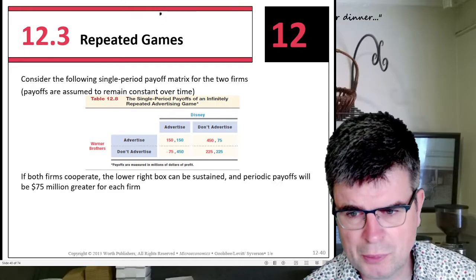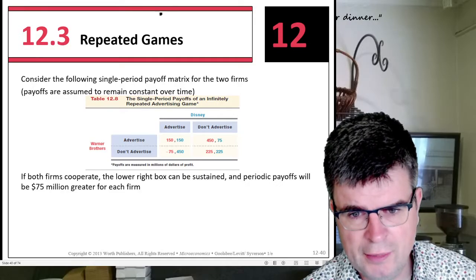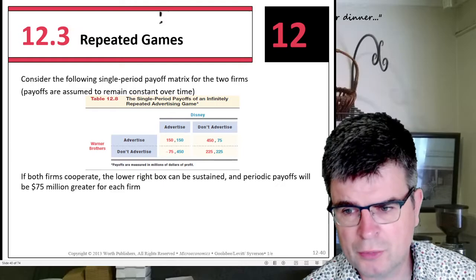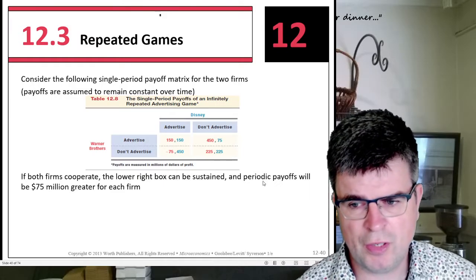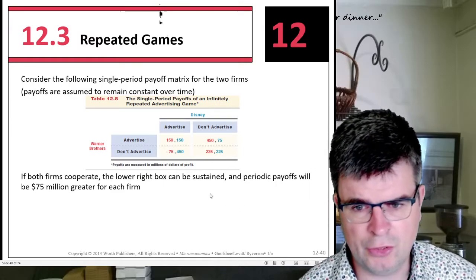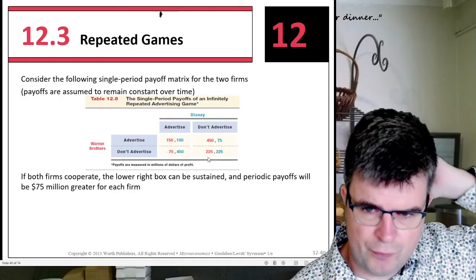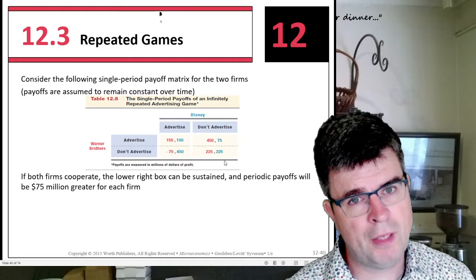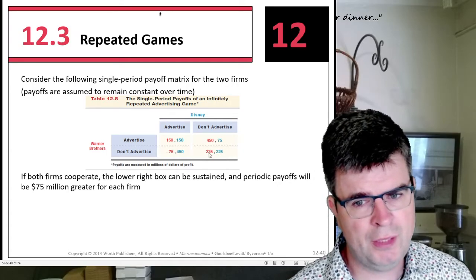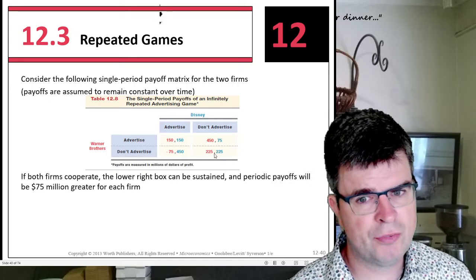If both firms cooperate, the lower right box can be sustained, and periodic payoffs will be 75 million greater for each firm. If both don't advertise in period 1, then each will get a payoff of 225.